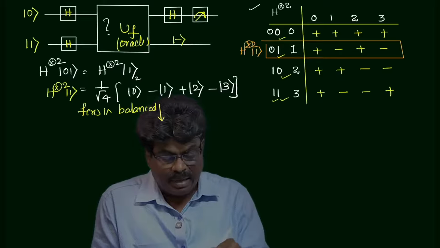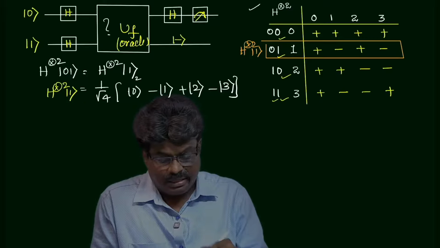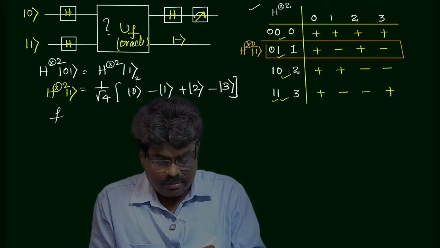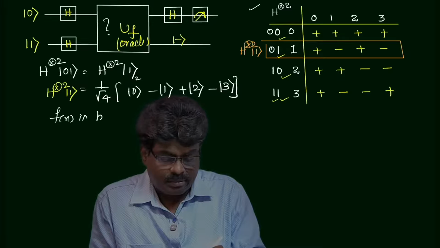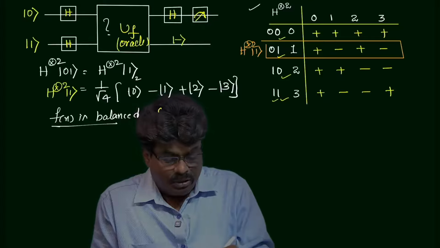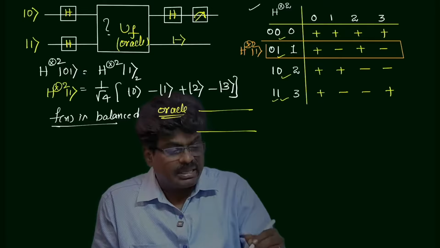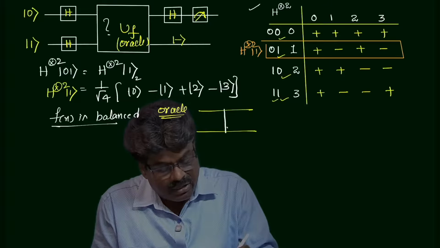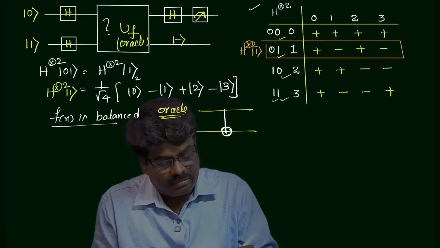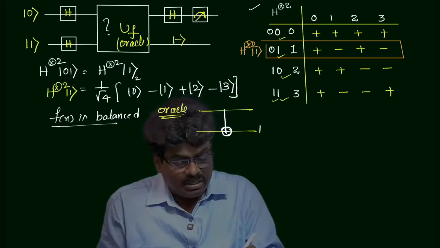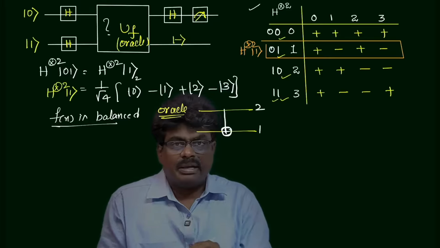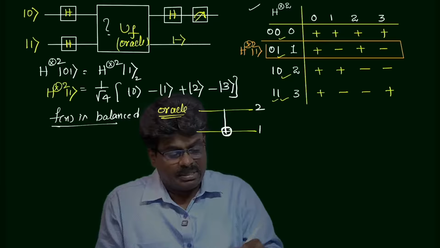If f of x is balanced, then what is the oracle? Let me explain. So the oracle is given by, 2 qubit states are there. It's simply a CNOT operation. That's it. So this is 1 and 2. I have already explained earlier what the decimal state operation is.